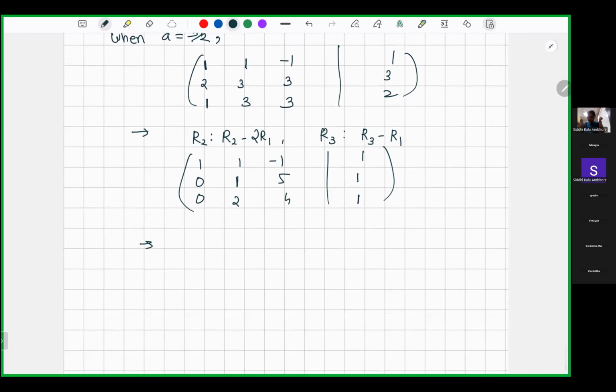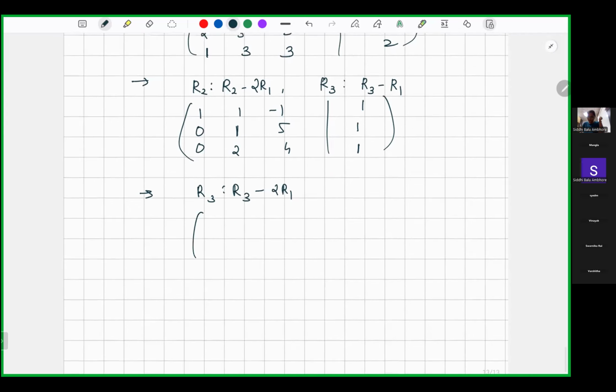And now I am making this 0. So R3 goes to R3 minus 2 R1. And I'm getting here 1 minus 1, here it is 0.